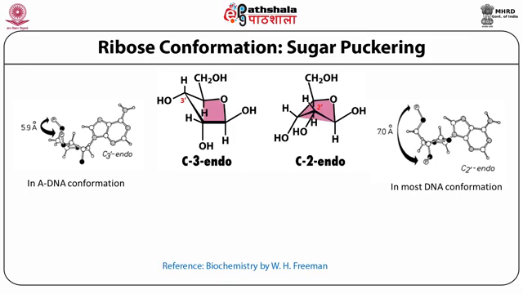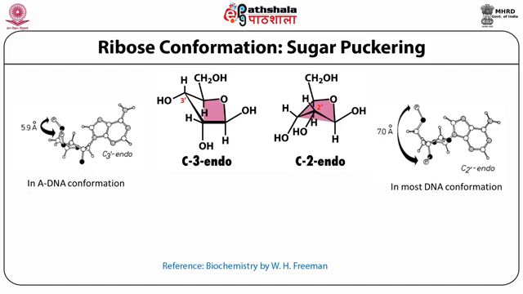That's where the C3 carbon is elevated from the plane consisting of the oxygen unit, first carbon, second carbon and fourth carbon. So the C3 carbon is elevated, and that's why it's called C3 endo. There can be another possibility where the second carbon is elevated from the plane, and that is called C2 endo. Interestingly, we know that C3 and C5 are always linked to the phosphate group.